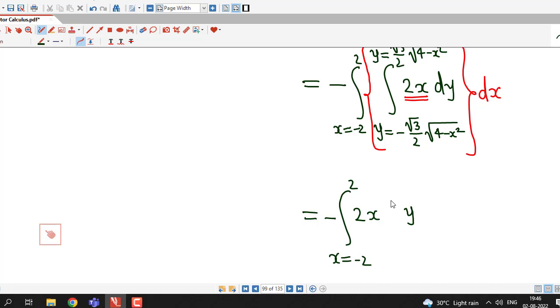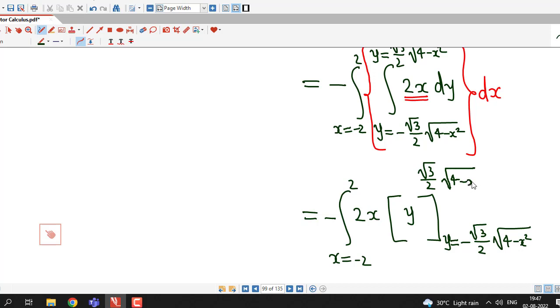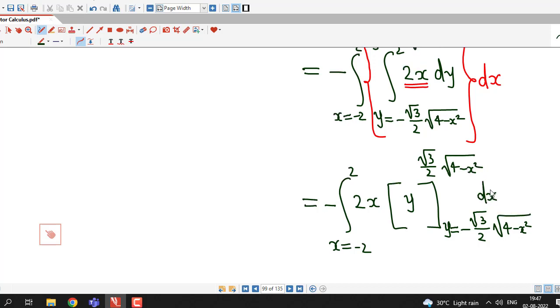Integral of 1 with respect to y is y, and limits are y equal to minus root 3 by 2 square root of 4 minus x square to root 3 by 2 square root of 4 minus x square, integral with respect to x. So be careful, here 2x as it is, integral of dy is y, and then we have written the limits for variable y.